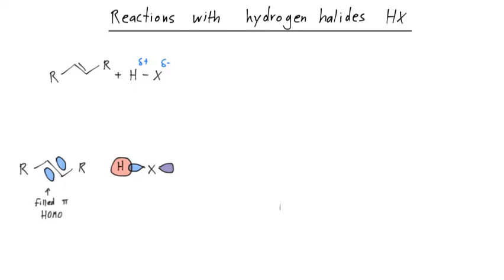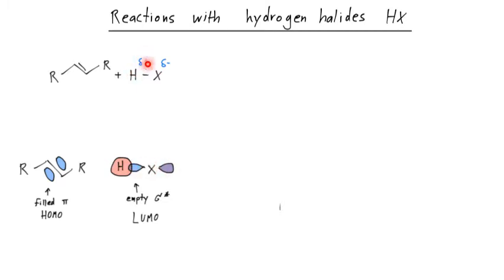But now we have to ask ourselves, what is the HOMO and the LUMO? The nucleophile is the alkene and the HOMO is the filled pi orbital, and the LUMO is now the anti-bonding sigma orbital of the hydrogen halide.